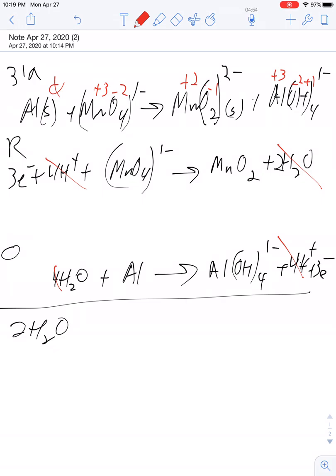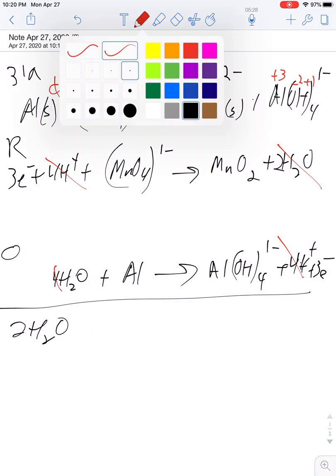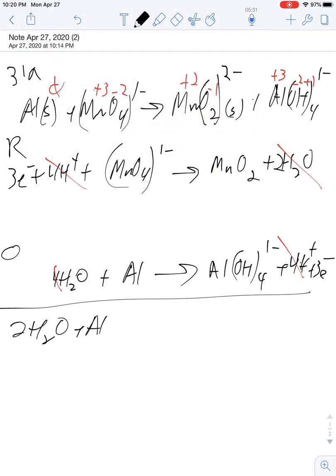I just want to double check this real quickly that I balanced this right. Yeah, I balanced it, right? Okay, so then we have plus the aluminum.